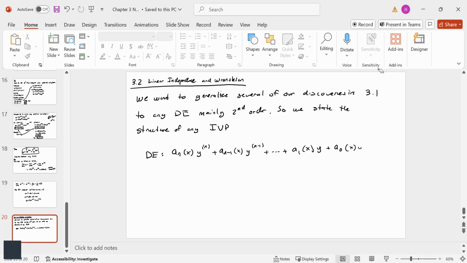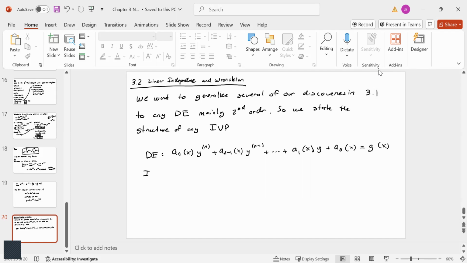What this really says a lot of the time is that the coefficient of your dependent variable y can be anything but y. But we're mainly looking at when that a_n of x, that x function, is just a number. We bring it down to a number, and we're only going to the second derivative, so who cares about the rest of it? And right now we're just saying g of x is equal to zero. This is getting rid of all of those super assumptions. We're removing all of that and going to the base of it.